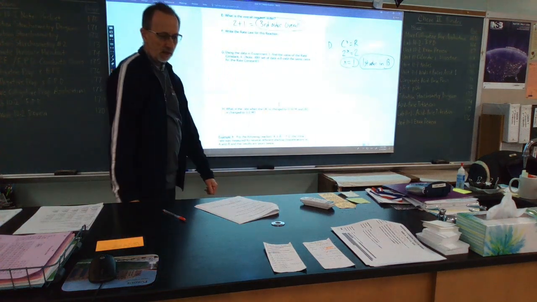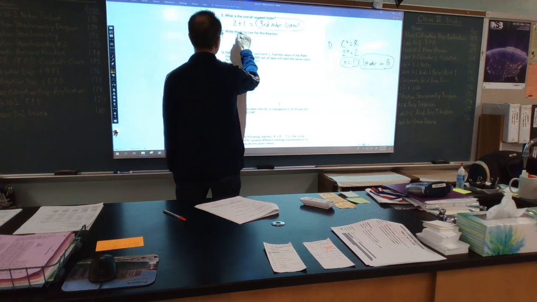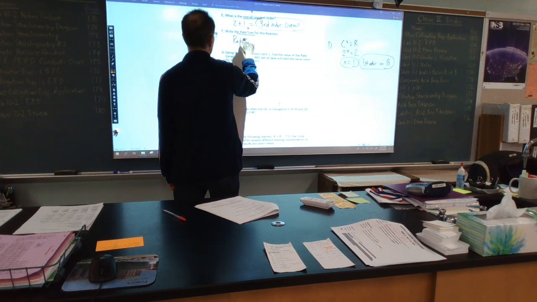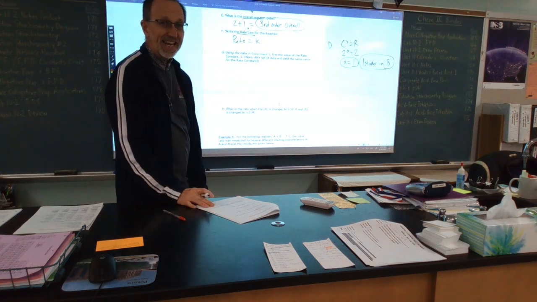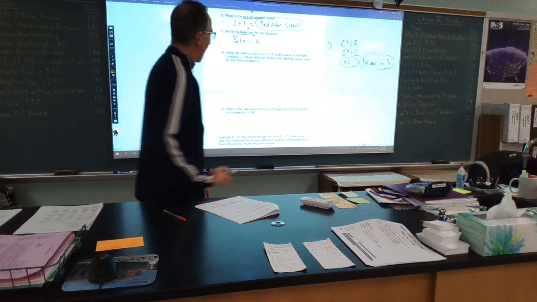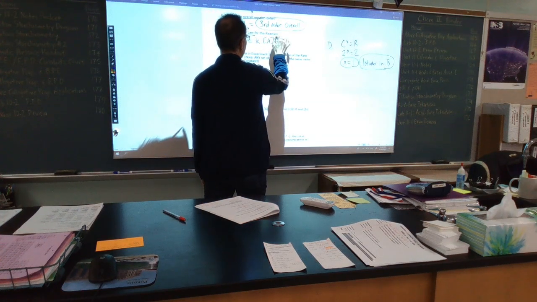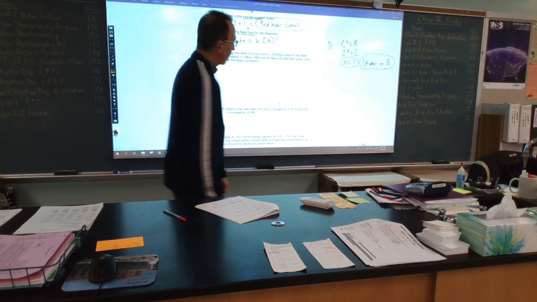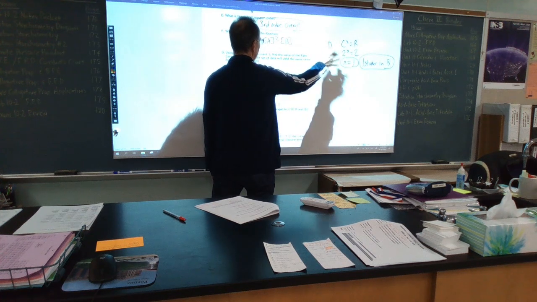Third order. Write the rate law for the reaction. Rate equals k, where k is the rate constant. Okay, we have reactant A concentration, which is second order, so it'd be concentration of A squared. And concentration of B is first order.